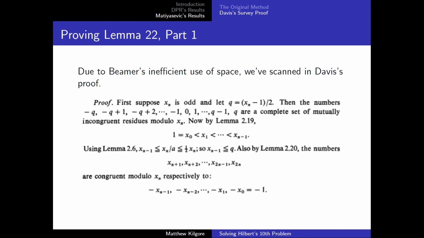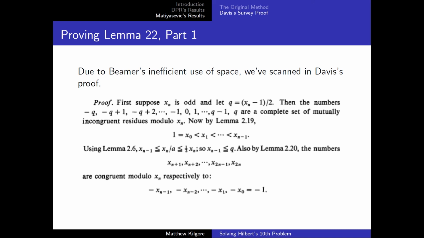Now, we'll begin by assuming x_n is odd, and writing q equal to half of it. Then the integers from minus q to q minus 1 are all different mod x_n. By lemma 19, x_n to x_{n-1} is a monotone increasing sequence beginning with 1.